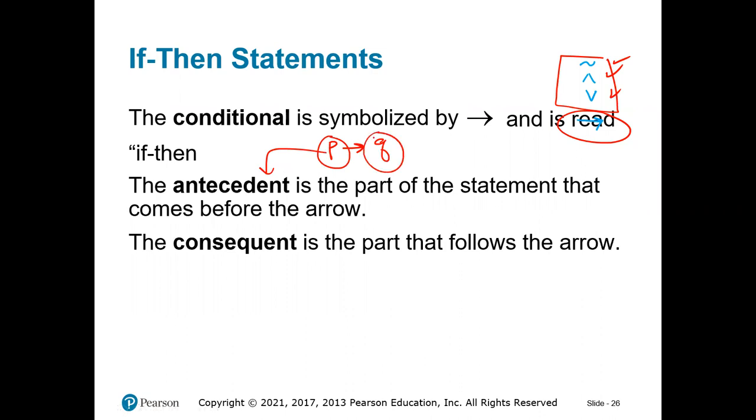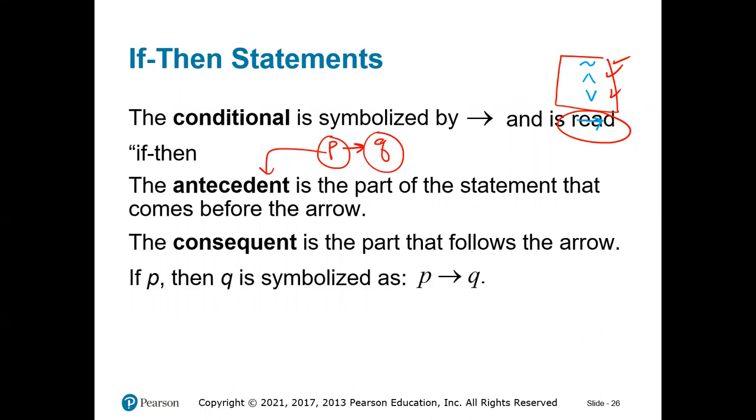This is just jargon, just definitions, in case you read the book and they talk about the antecedent, the thing that comes right before the arrow, and the consequent, the thing that comes after the arrow.